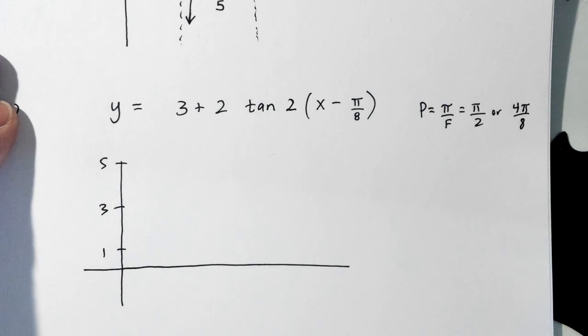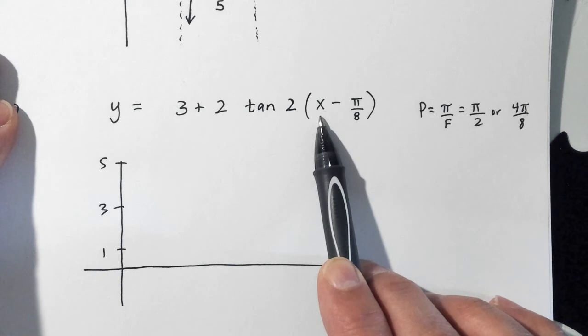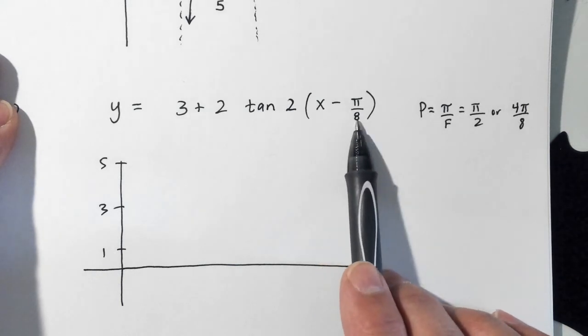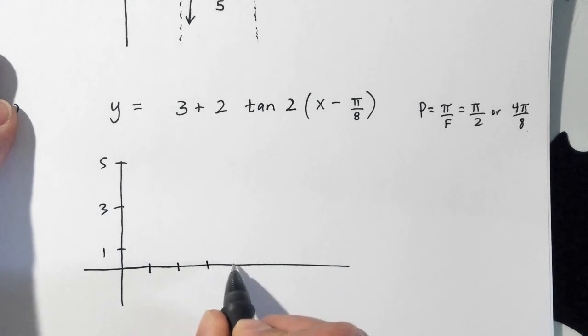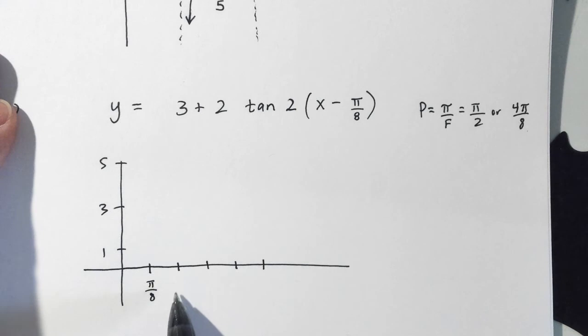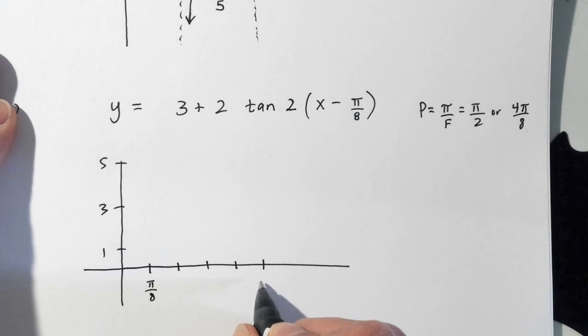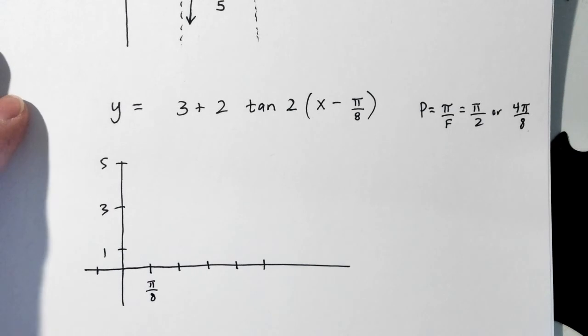And I'm going to count by 8ths, obviously: 1 pi/8, 2 pi/8, 3 pi/8, 4 pi/8, 5 pi/8. And this is 0 pi/8, so 0. This is negative pi/8 right there.